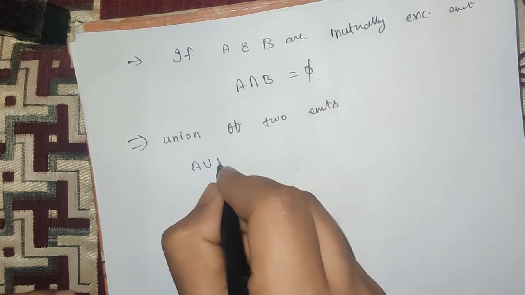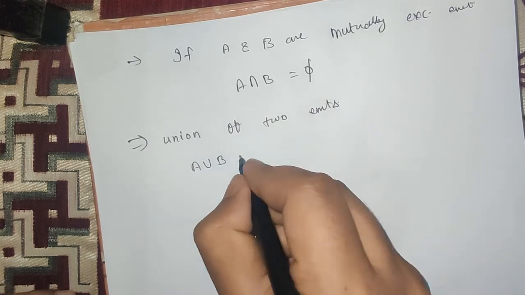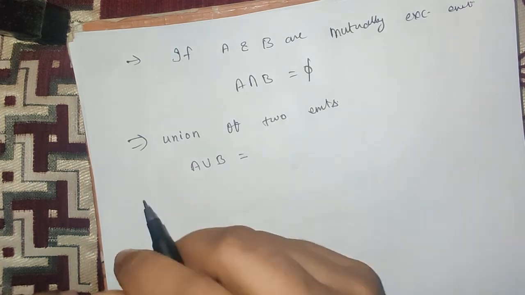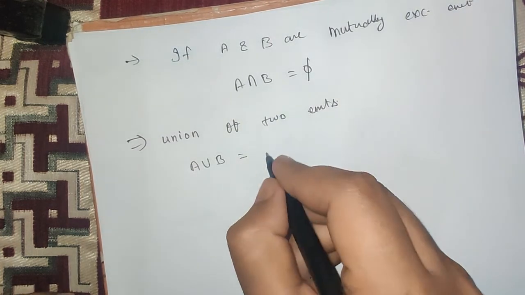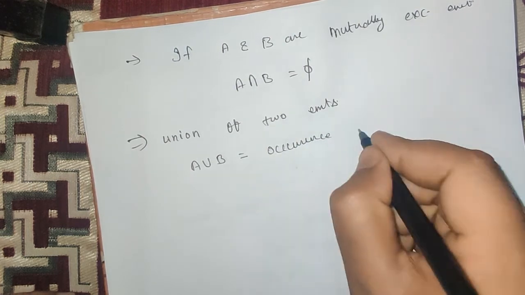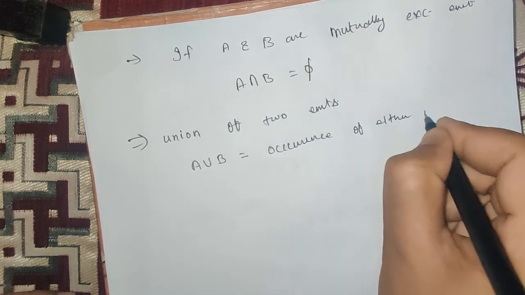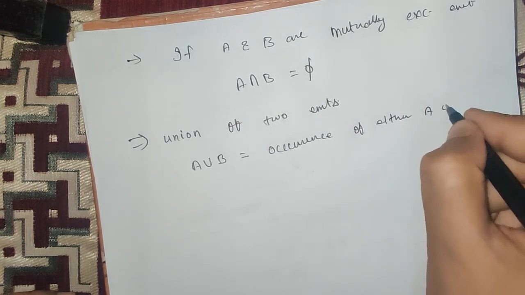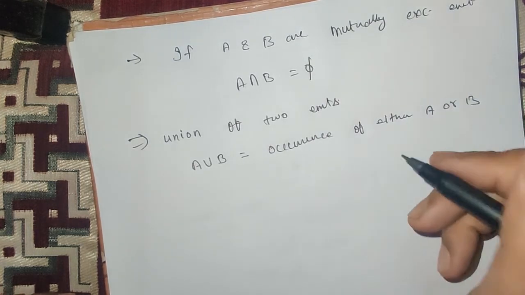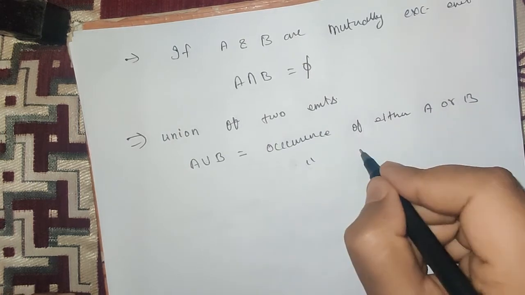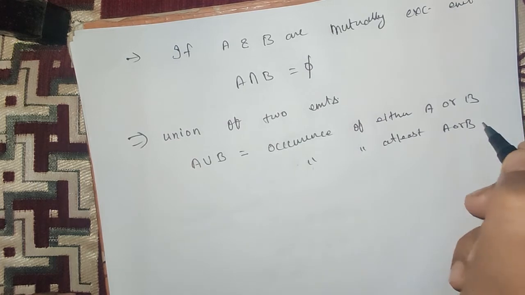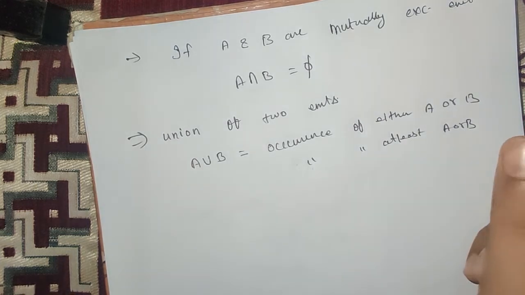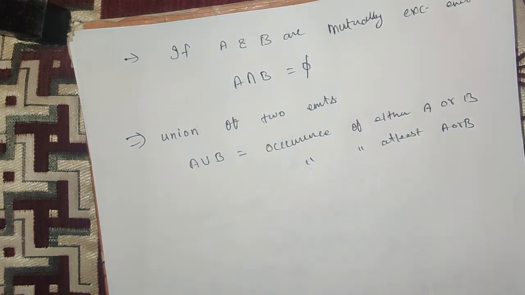It is denoted by A union B. It is the occurrence of either A or B, or you can say the occurrence of at least A or B. So at least one of the events A and B will definitely occur in A union B.